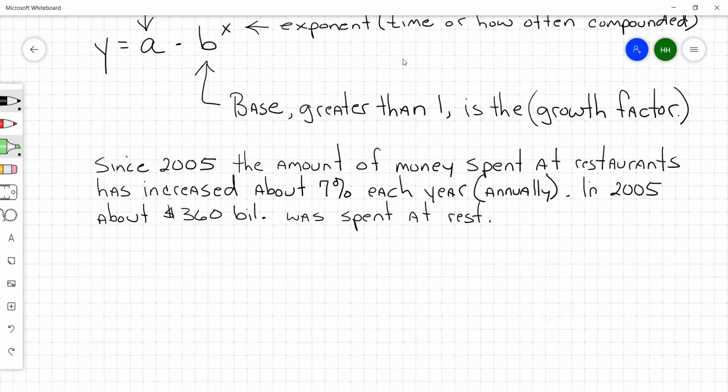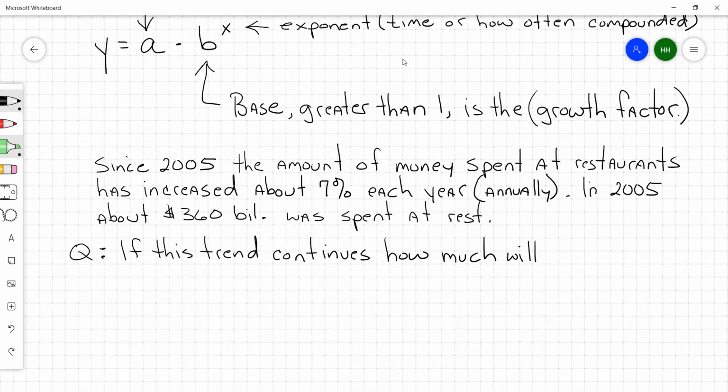Question is, if the trend continues, about how much will be spent in 2015?